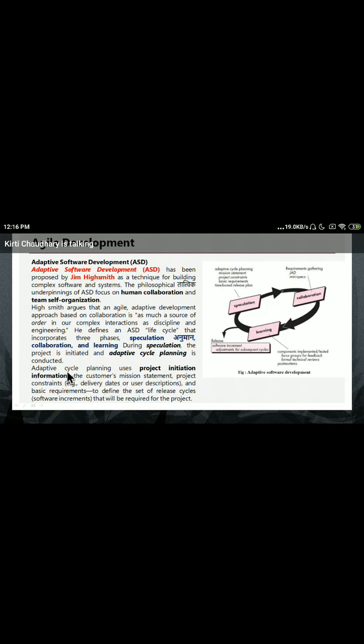Adaptive cycle planning uses project initiation information, the customer mission statement, project constraints, and basic requirements to define a set of release cycles that will be required for the project.